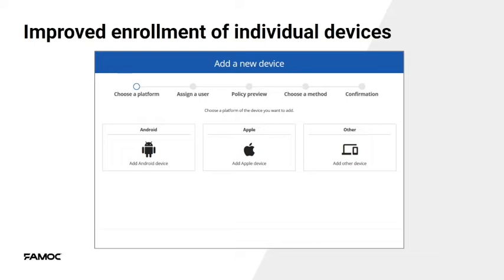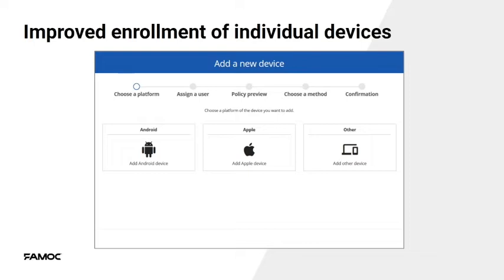Depending on the chosen platform, the next steps will differ slightly. For Apple and other devices, the changes are not that big, but for Android devices, there are some crucial changes that will affect the process of the enrollment.